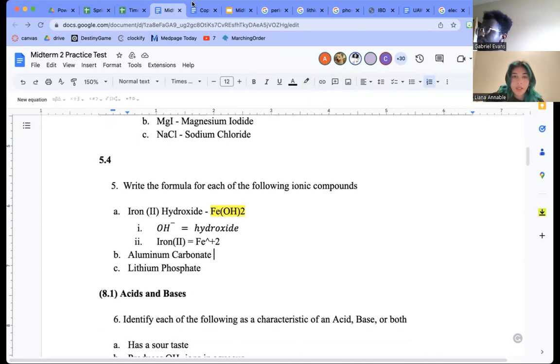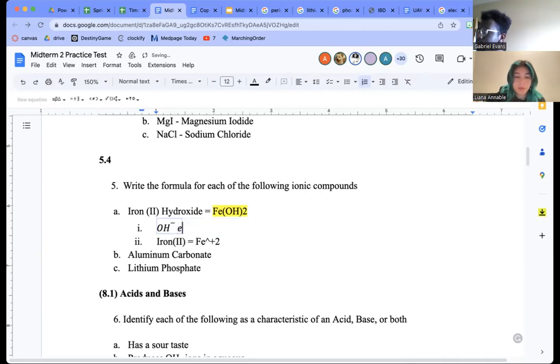Alrighty, so let's go to the next one. Aluminum carbonate. What is your formula for this one? So we got one answer so far.